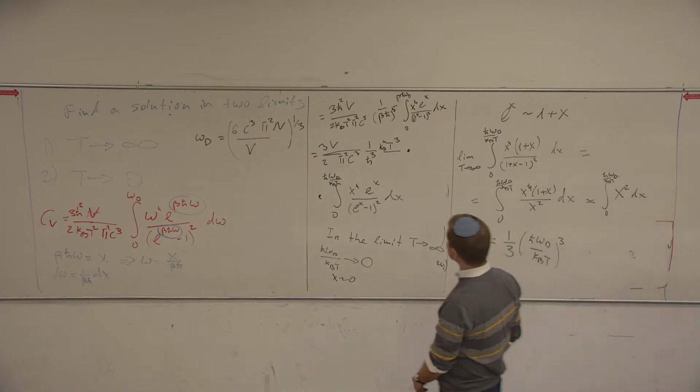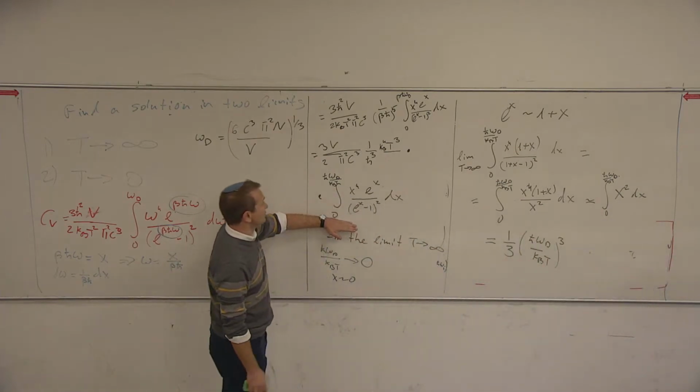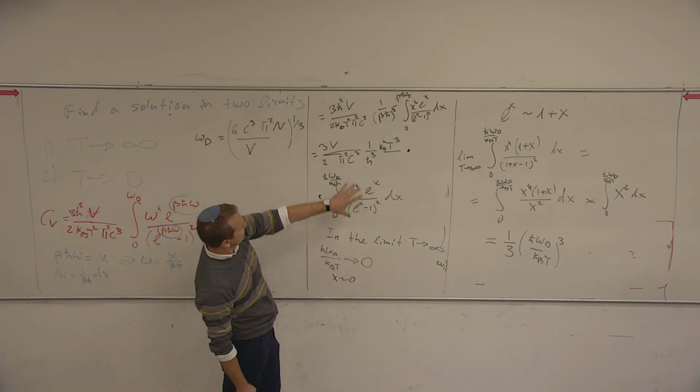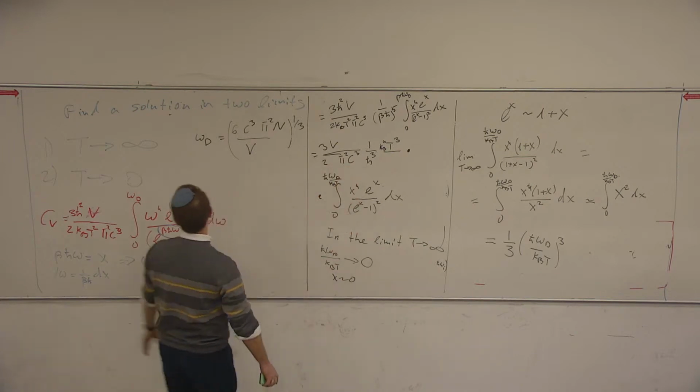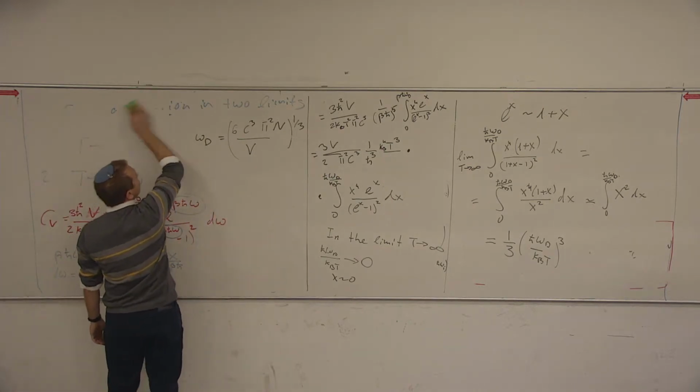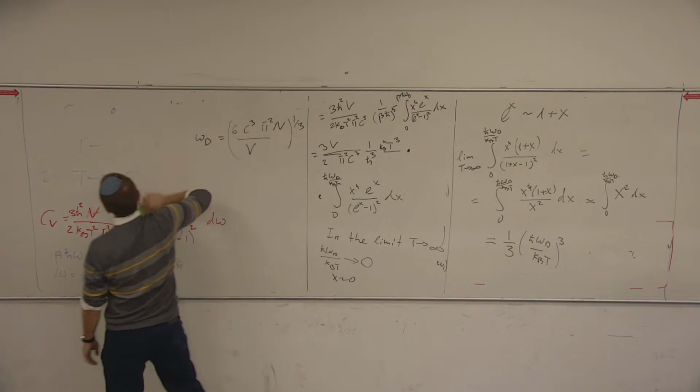Okay, so this is the first limit. This is only the first limit. We go here and we put everything back inside. We will still keep this ω_D π in place.